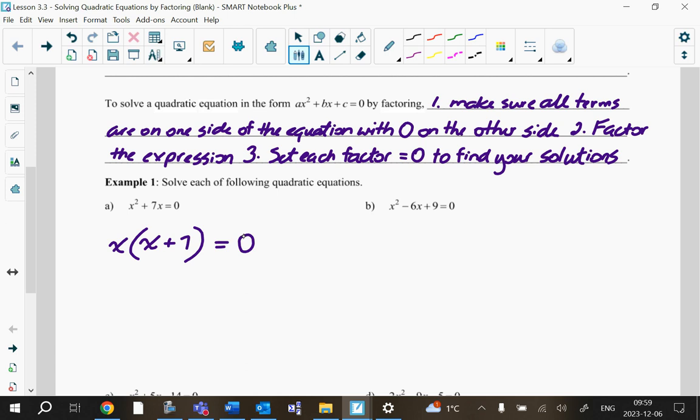So what will make this factor 0? This is not a hard question. This is an easy question. Don't overthink. What could I plug in here to make this 0?